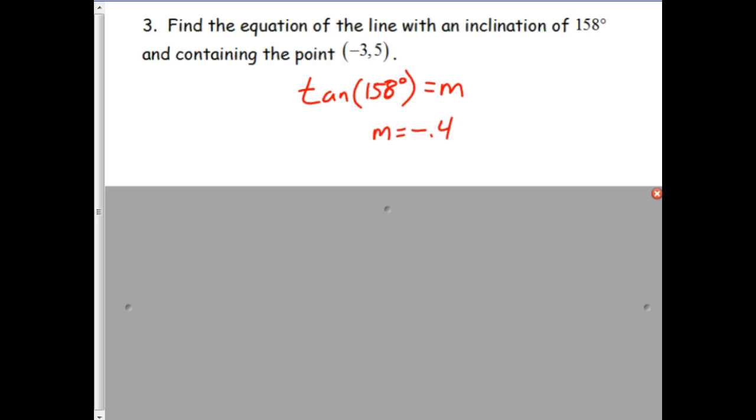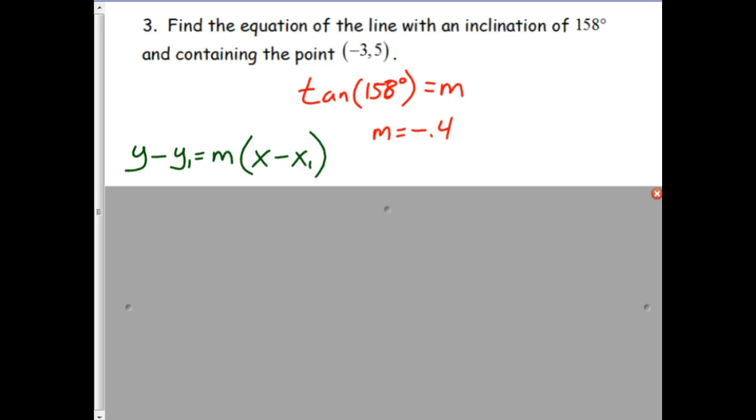Now, if you remember a format called point slope form, your format looks like this. y minus y1 equals m times x minus x1. This is the format that we're going to be putting this in because it's the easiest one to actually write down.